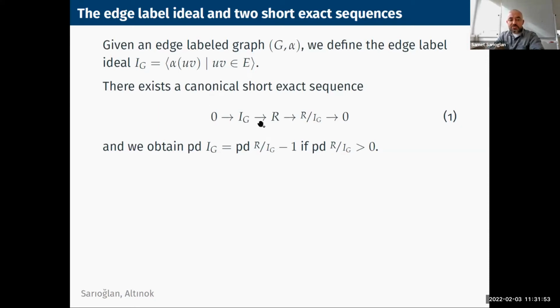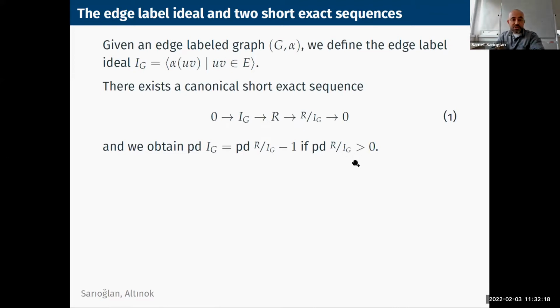From IG to R, the base ring, and from R to the quotient ring, R over IG. From this short exact sequence, we obtain that the projective dimension of IG is equal to the projective dimension of this quotient module minus 1, if the projective dimension of this quotient module is greater than 0.